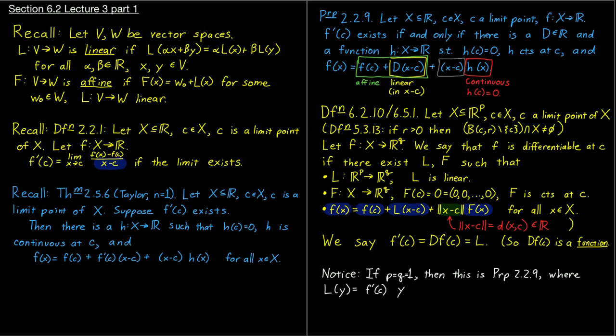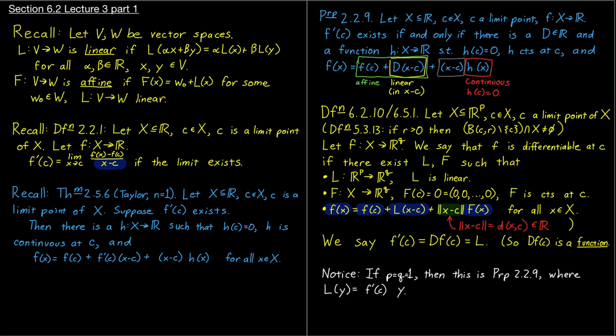Remember, the only kind of linear operators we have from the real numbers to the real numbers is just multiplying by a constant. So L of y is f prime of c times y. It's not too unreasonable to associate L with the derivative, that's a number that you know and love.